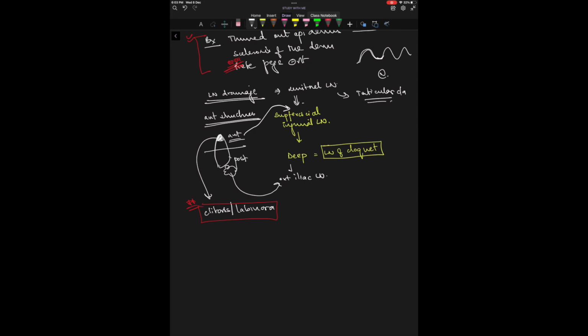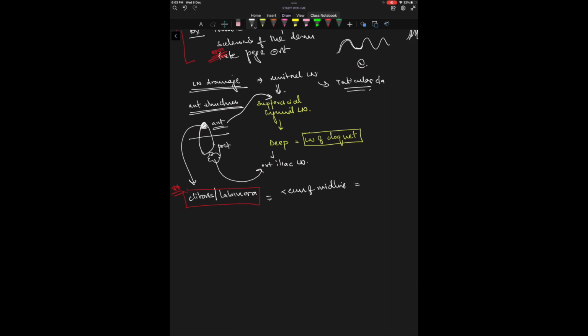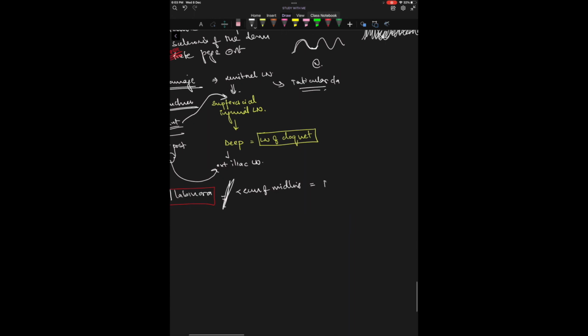But what they do is that if either clitoris or labia minora is involved, or the tumor is within 2 centimeter of the midline, then there is risk of bilateral spread, like bilateral lymph node can also be there.